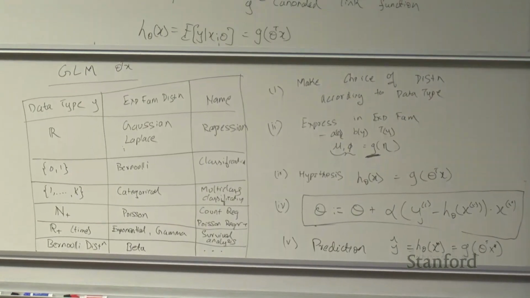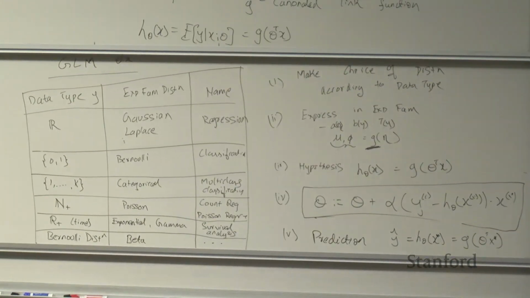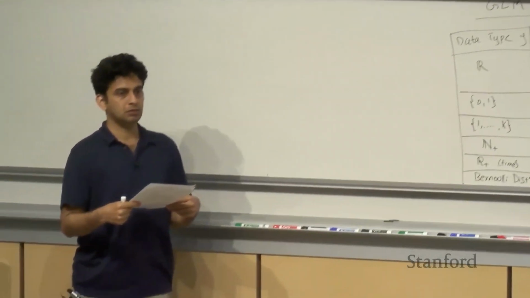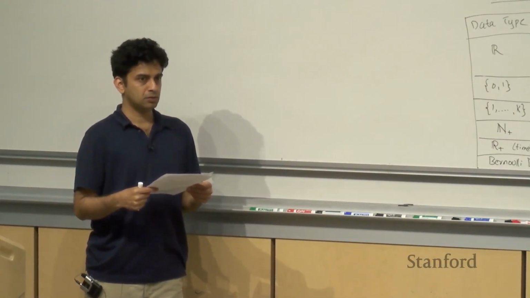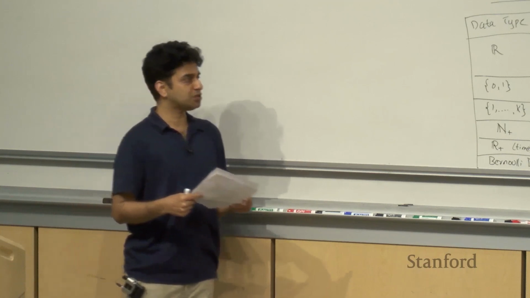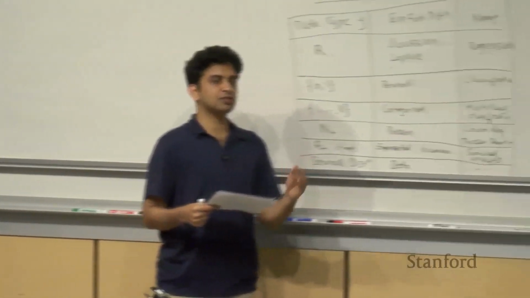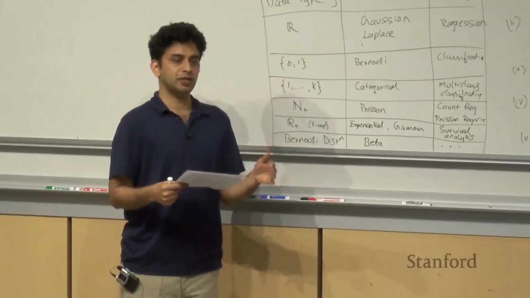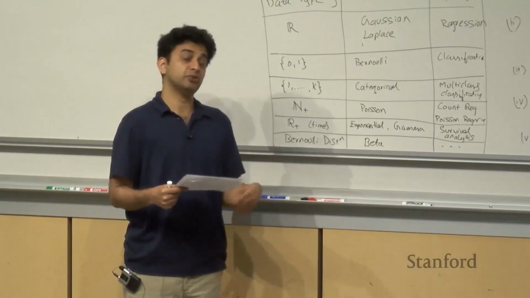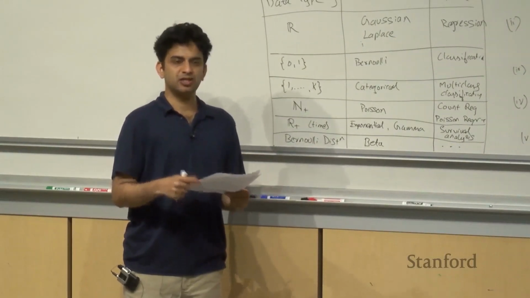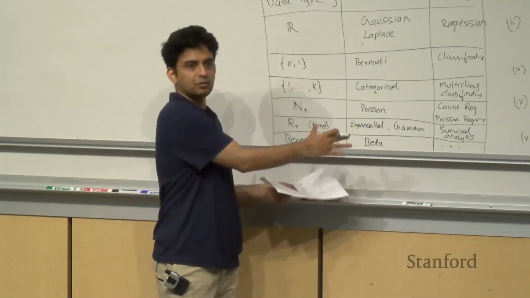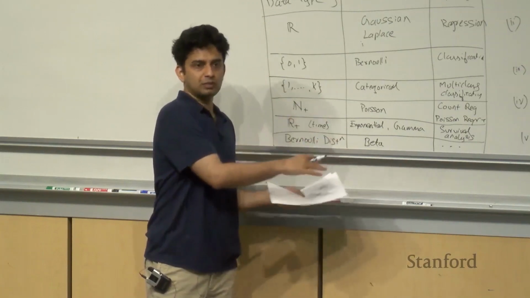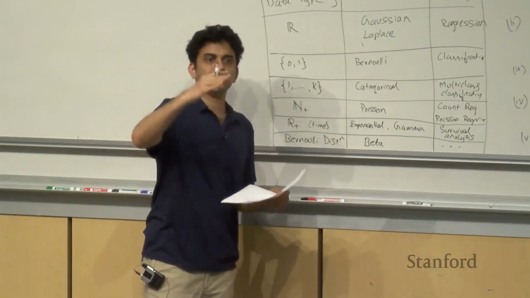So, yes, question. The question is about the threshold we choose to decide whether the output of a logistic regression was 1 or 0. Can we adjust that threshold? Yes, you can adjust that threshold. It's generally a post-processing step, which means you fit the model as it is, and after you fit the model, on a validation set, you can decide what threshold you actually want to use.